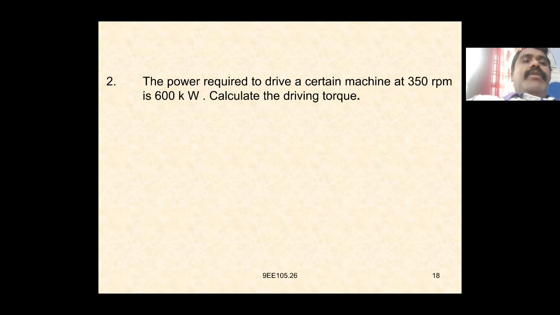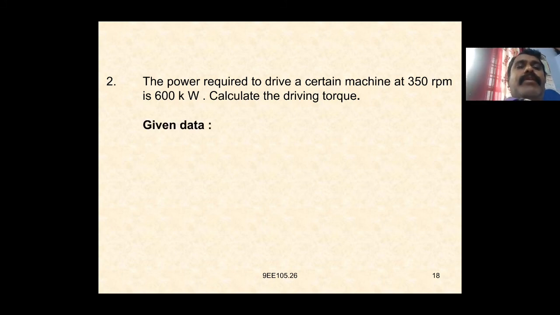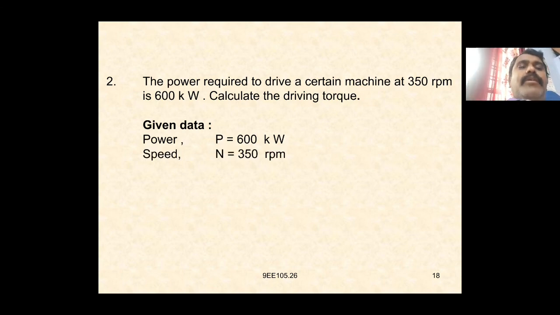The power required to drive a certain machine at 350 rpm is 600 kilowatts. Calculate the driving torque. Given data: the power P is equal to 600 kilowatts, N is equal to 350 rpm.